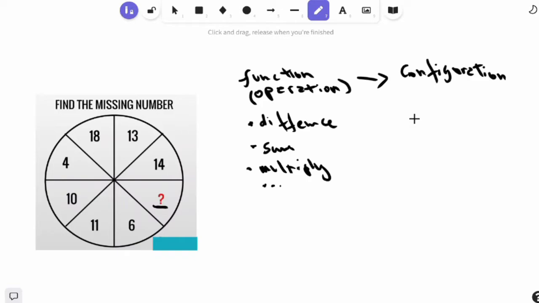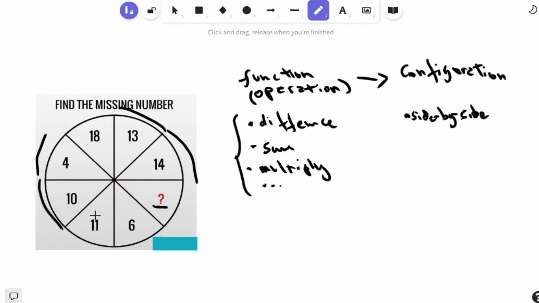Here we can think of applying these functions on side-by-side slices. So in other words, we are thinking of applying some of these functions on, let's say, these two pieces and comparing with the sum of these other pieces, and looking if we can find some rule.